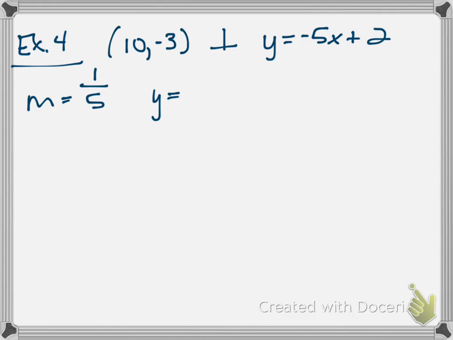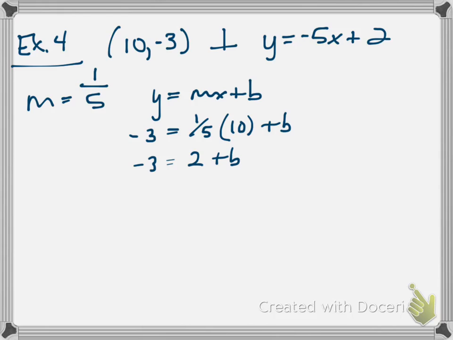This time we'll plug it into y equals mx plus b. So how do I fill that out? Negative 3 equals 1/5 times 10 plus b. What's 1/5 times 10? 2.